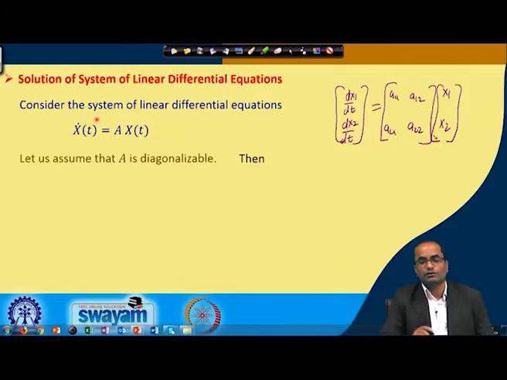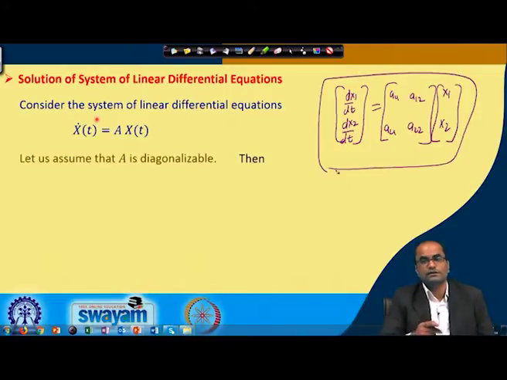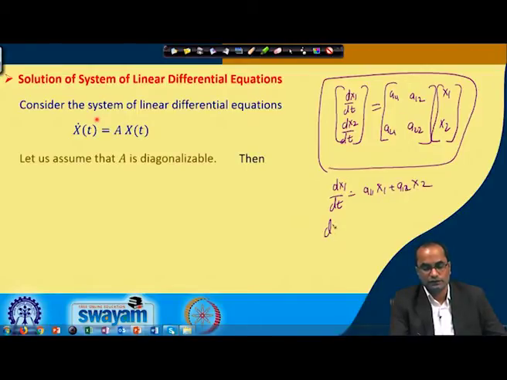So, we have these two unknowns, x1 and x2, and this is a system because the first equation, dx1/dt, has both x1 and x2: a11 x1 plus a12 x2. The second equation is dx2/dt equals a21 x1 plus a22 x2.